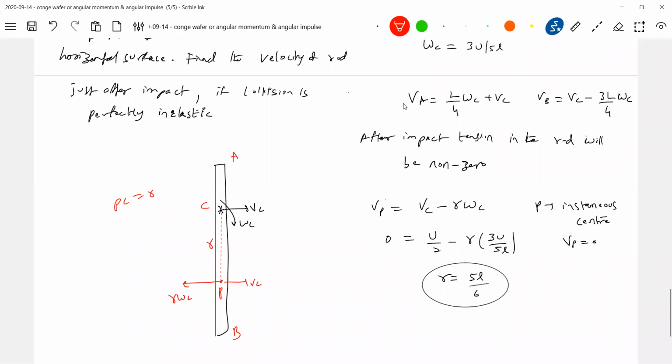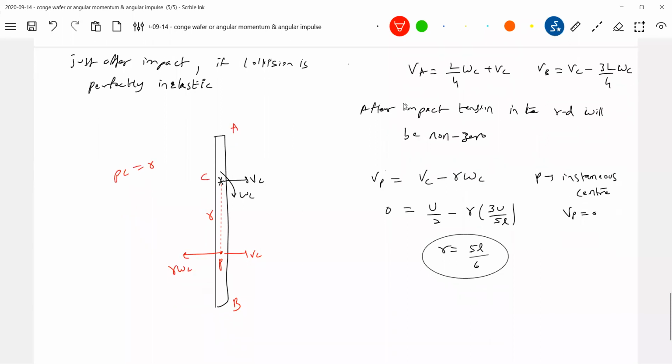So will it lie outside? R will be greater than 3L by 4. Yeah, it will lie outside. The point P will lie outside because this R is in fact greater than 3L by 4.